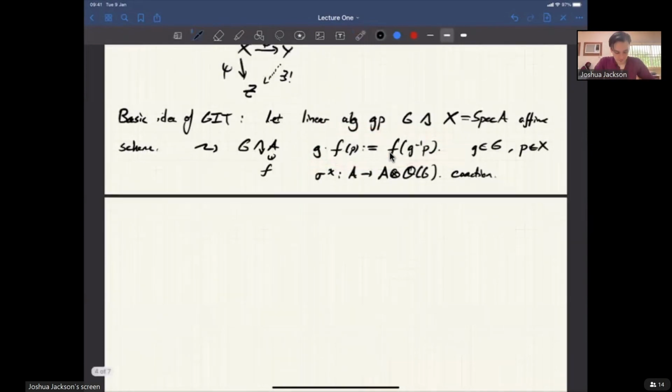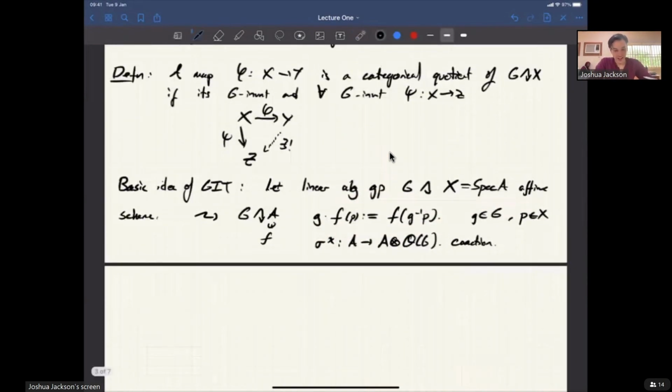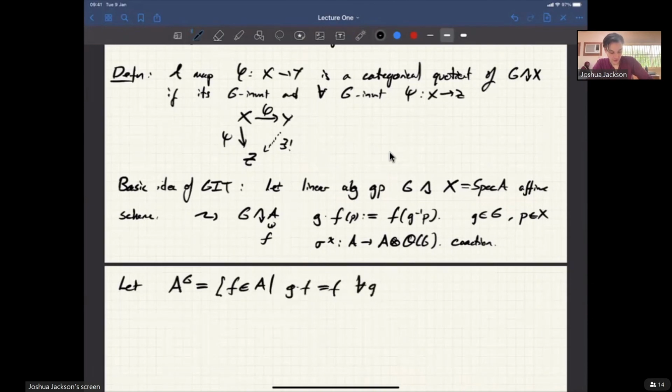Okay. So the point of this is that if we have an action on X, we get an action on its ring of regular functions. So we can define the invariants. There's a notion of invariant function because now I've given you a group action on the algebra. So this is F in A such that g F equals F for all g in G. It's the obvious definition of invariance.